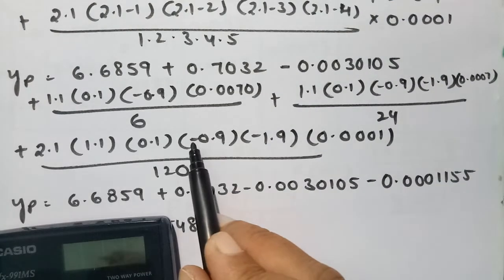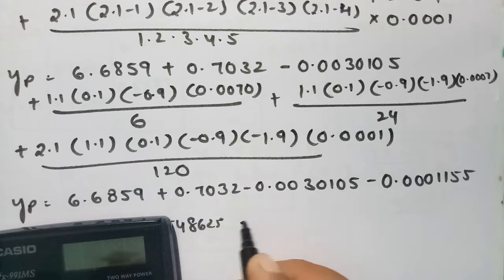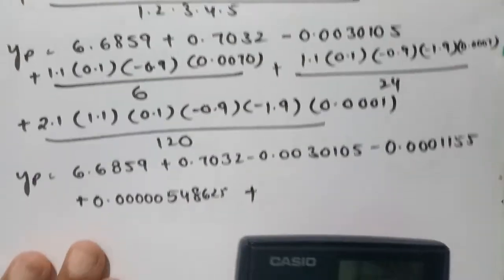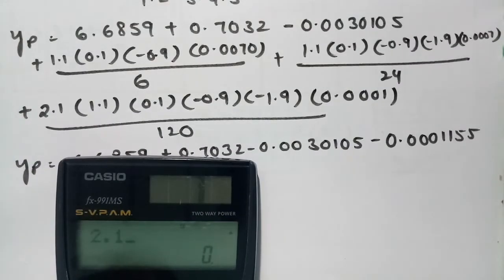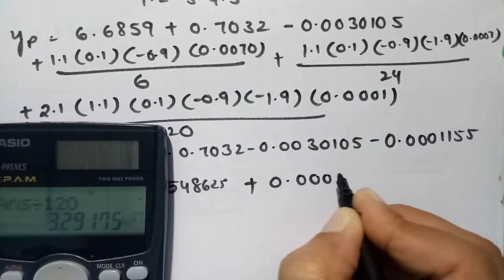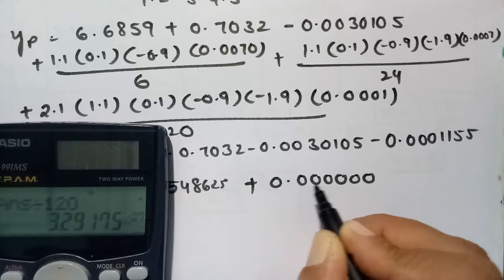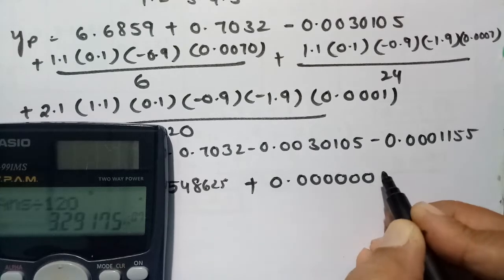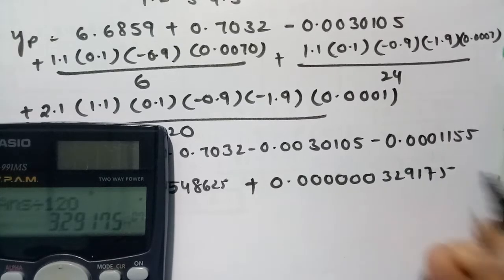And the next one, here there is minus and here there is minus, so it will be plus. So now I have to calculate the final value here, that is 2.1 into 1.1 into 0.1 into 0.9 into 1.9 into 0.0001, that's it, divided by 120. The value here is 0.0000009175. At the 7th place we have to write.